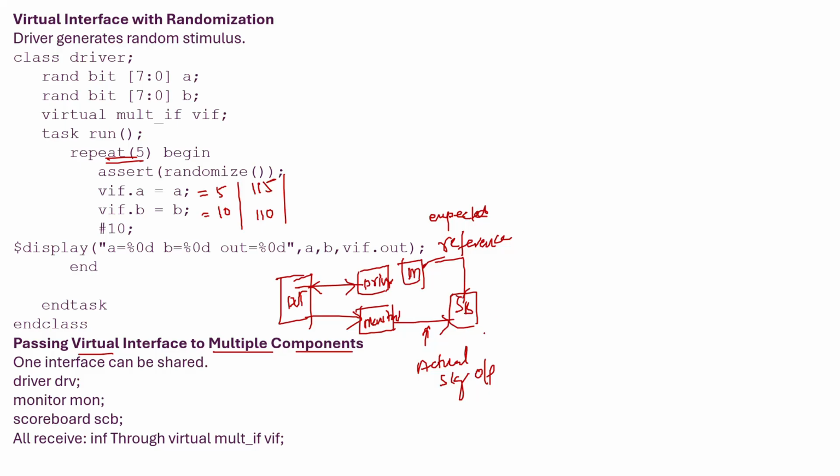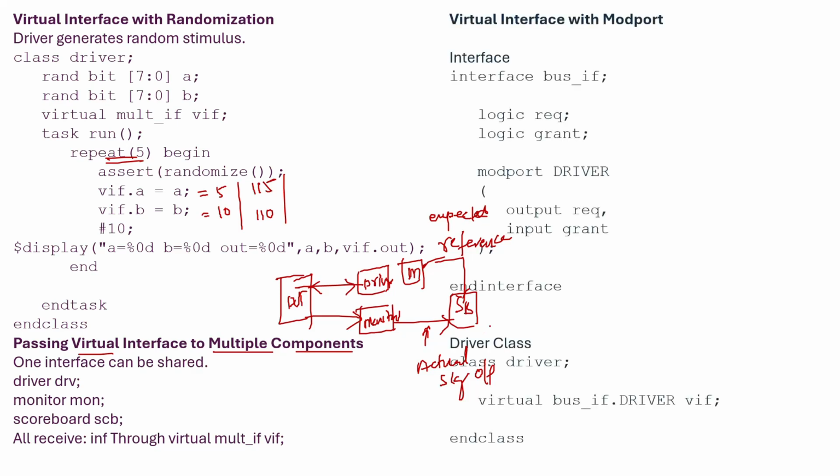If both are equal, then your test bench will be passed. So this is the connection. In the entire test bench, driver is connecting to the DUT and DUT is connecting to monitor. Through this only we are communicating the signals. That is the reason we are passing the virtual interface to multiple components.